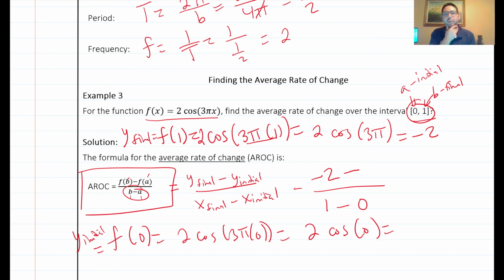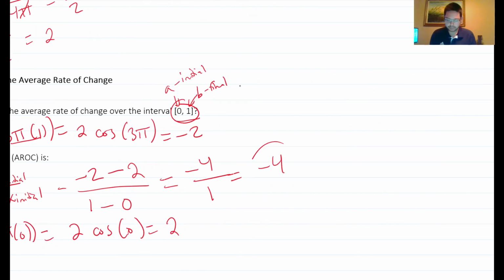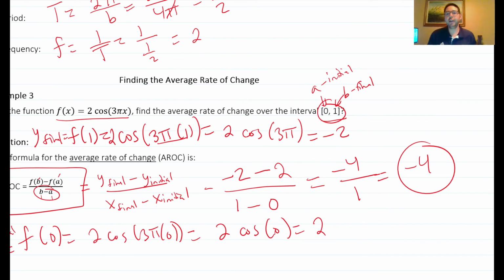Well, what's cosine of 0? On the unit circle, that equates to 1. Cosine of 0 is 1. 2 times 1 is 2. So this is going to be 2. There you go. Plug those in and you get your average rate of change. So we have -2 minus 2 is -4 over 1, which is going to give you -4. And that's my average rate of change between 0 and 1.